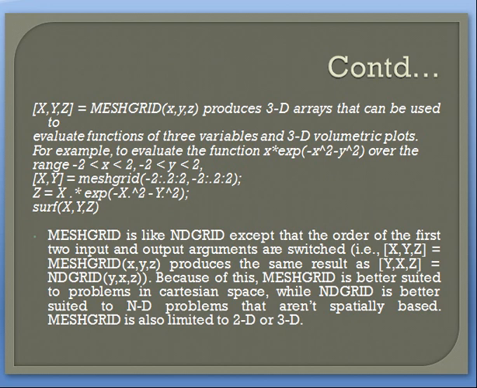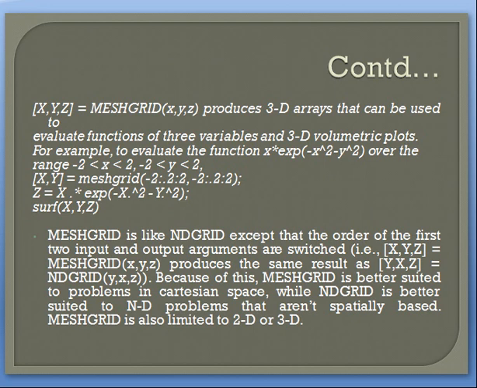Now, meshgrid is like ndgrid, except that the order of the first two input and output arguments are switched. That is, [X, Y, Z] = meshgrid produces the same result as [Y, X, Z] = ndgrid.